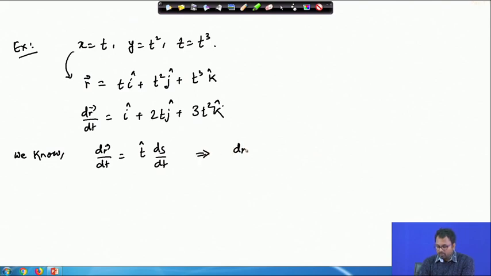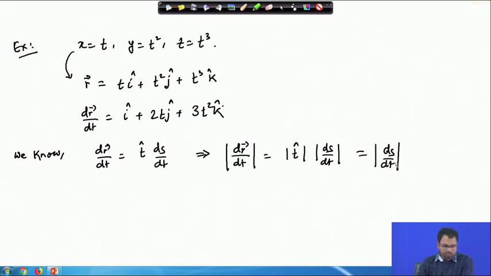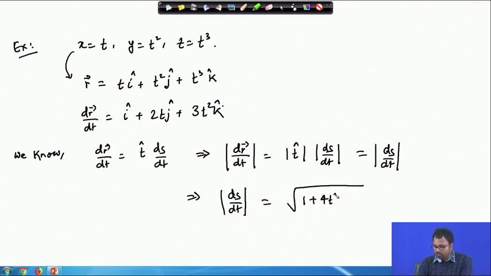Therefore, the mod of dr/dt equals the mod of T cap times the mod of ds/dt. Now the mod of T cap is 1 because T is a unit tangent vector, so its magnitude is always 1. So we have the mod of ds/dt, and therefore the mod of ds/dt is nothing but the mod of dr/dt, and that's basically the square root of 1 plus 4t squared plus 9t to the power 4.